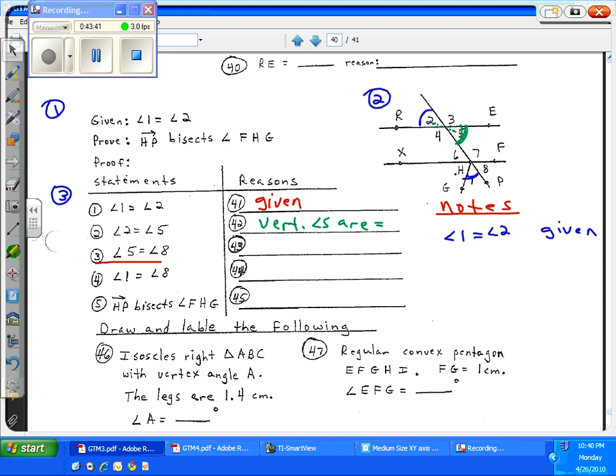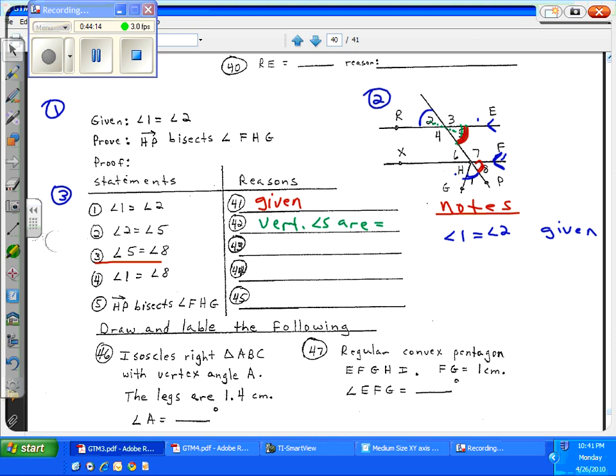angle 5 is equal to angle 8. We look first in the given, and it's not there. So we go to the diagram at angle 5 and angle 8. Angle 8 is here. Angle 5 is here. The little bitty arrows in the middle of the lines are saying that those lines are parallel.